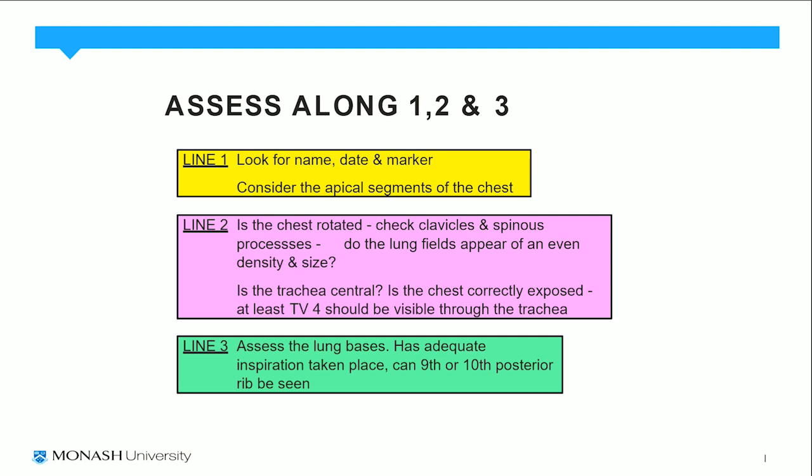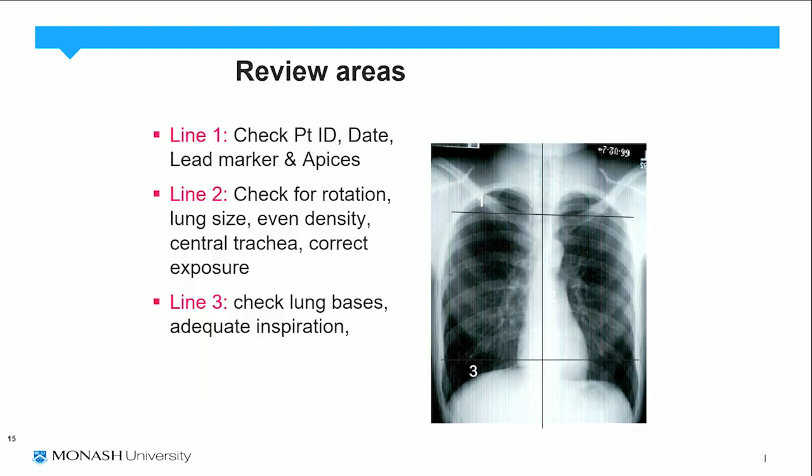With line 3, you should assess the lung bases. Check whether adequate inspiration has taken place; you want to see at least 9 or 10 posterior ribs visible. You also want to look underneath the diaphragm to see if there are any signs of abnormal air.